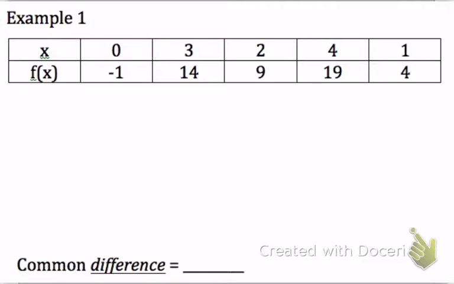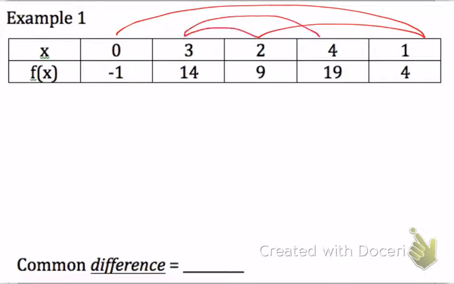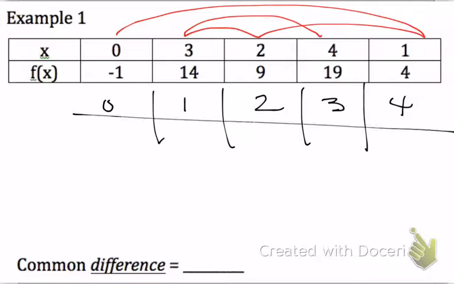Okay, so looking at this first example, first thing that I see is it goes 0, then 1, then 2, then 3, then 4. So it's all in a wacky order. So first thing let's do is let's rearrange this. So we're going to have a 0, 1, 2, 3, 4. And then we're going to have -1 was with the 0, 4 was with the 1, 9 was with the 2, 14 here, and a 19 here.